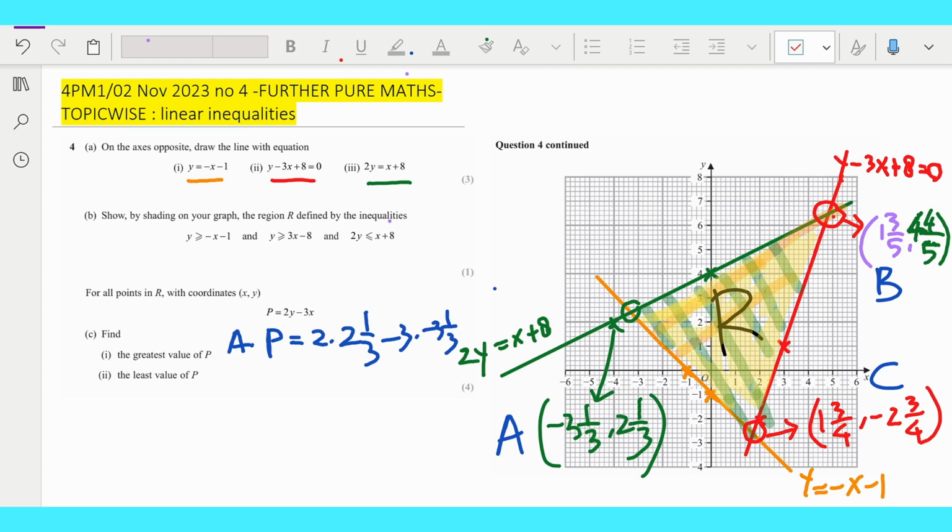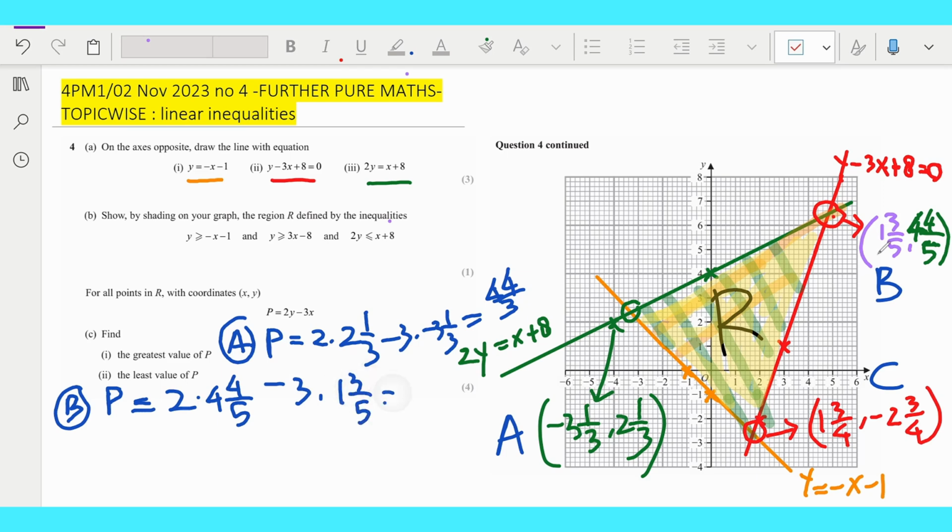So we count this with a calculator. We'll get 44 over 3. So we keep that for A. Now we want to count for B. B is this point, x and y part. So P equals 2 times y, which is 4 4/5, minus 3 times x, which is 1/3.